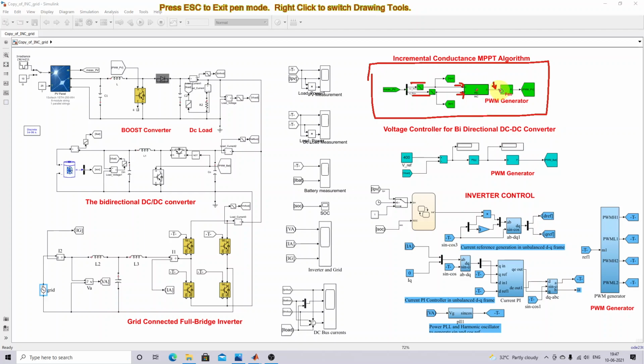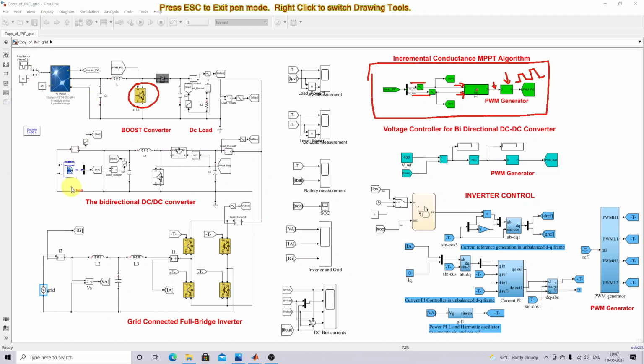This duty cycle is going to be processed via the PWM generator, and it will generate the pulse. Okay, this pulse is going to control the IGBT of this boost converter.